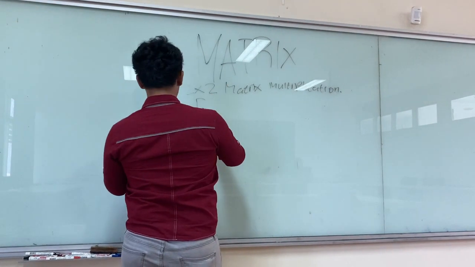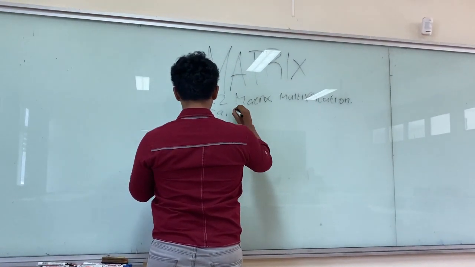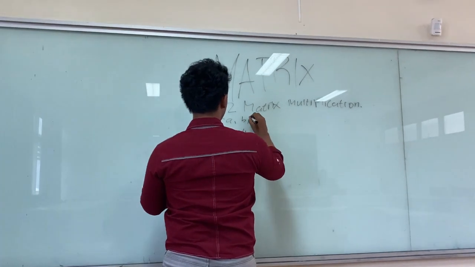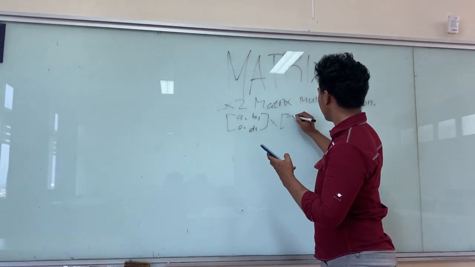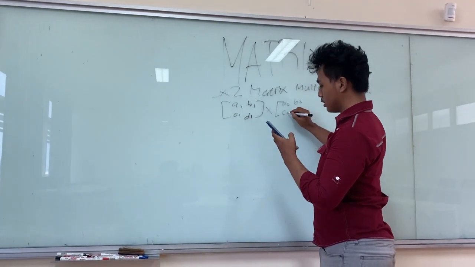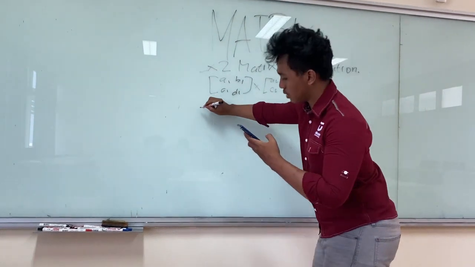So it will be like this: A1, B1, C1, D1, multiplied by A2, B2, C2, D2.